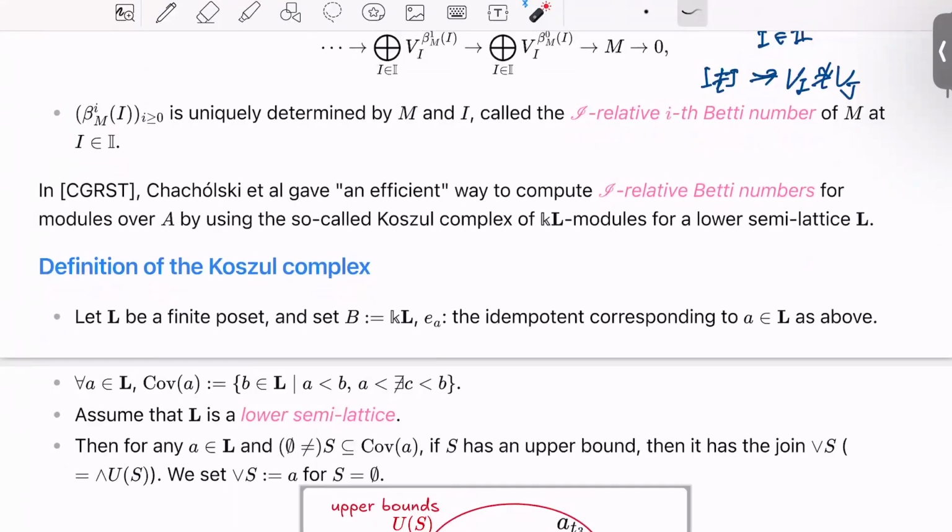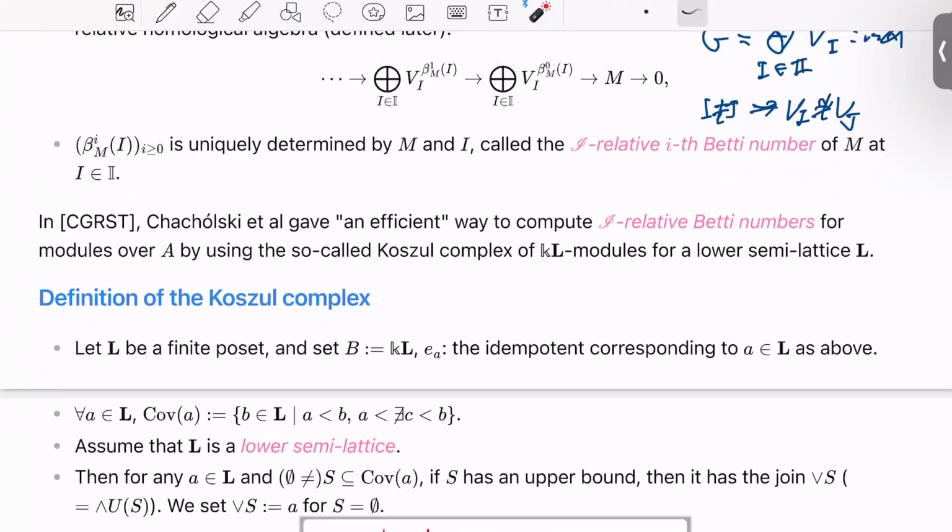My talk is heavily motivated by reading the paper by five people, CGRST. Chachólski and others gave an efficient way to compute I-relative Betti numbers. This was the original title of their paper: for modules over A, by using the so-called Koszul complex of KL modules.